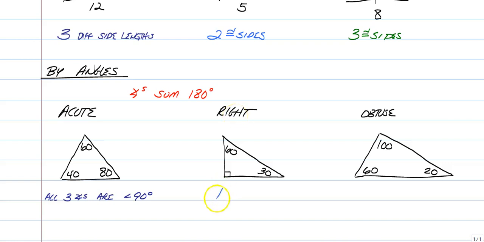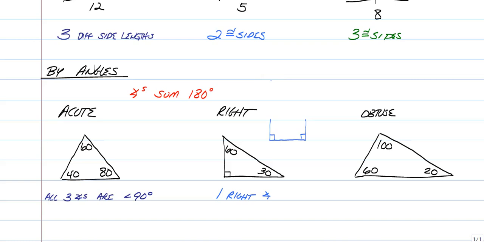In the second one, we have a right triangle. That means we have one right angle. And if you think about that, it makes sense because you can't have more than one. If you were to have two right angles, remember right angles are perpendicular, they're never going to meet at a triangle. They're just going to go up forever.